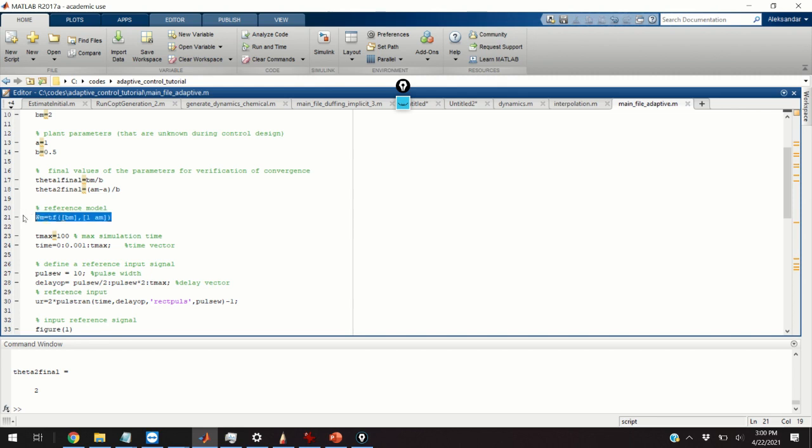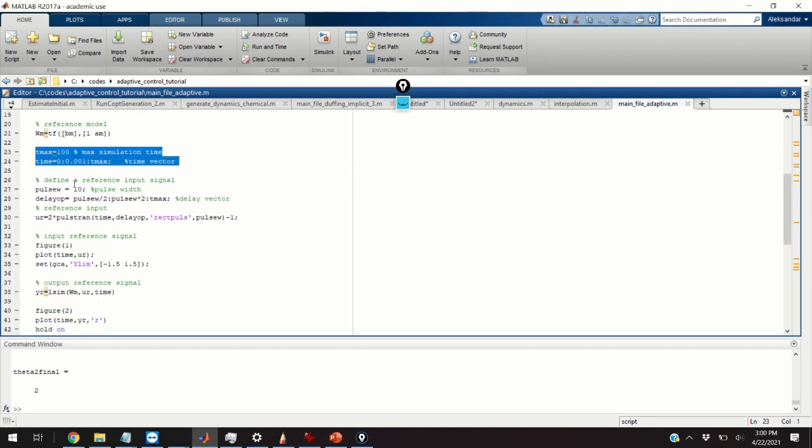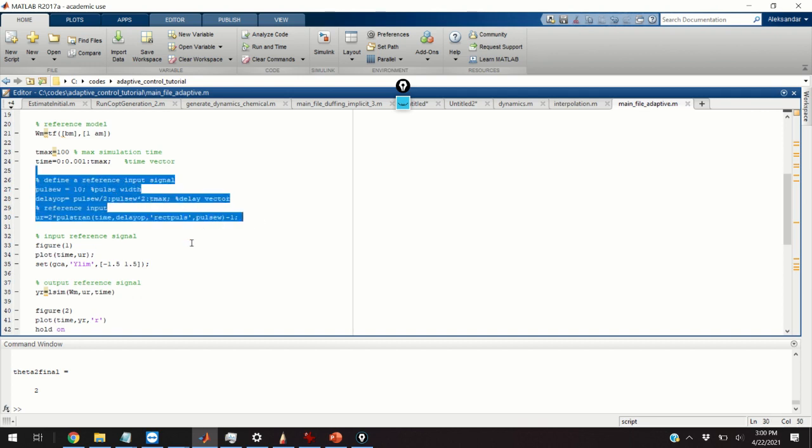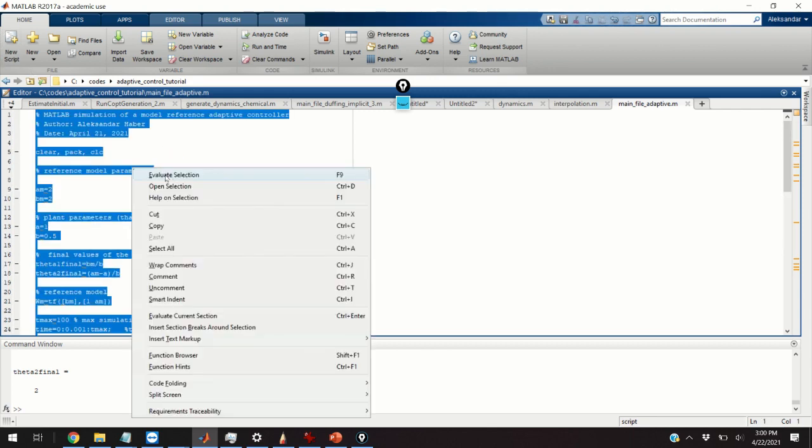So this is our plant, right? Then we specify the maximal simulation time. We specify the time vector, and we define a reference input signal, which in our case will be a pulse signal.